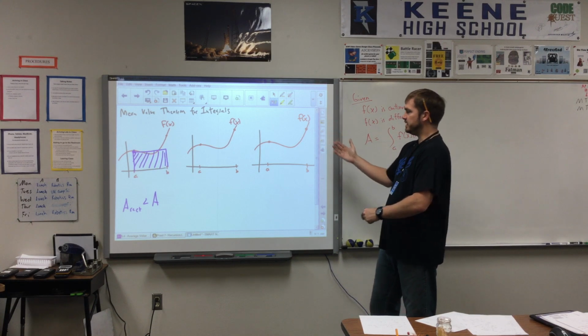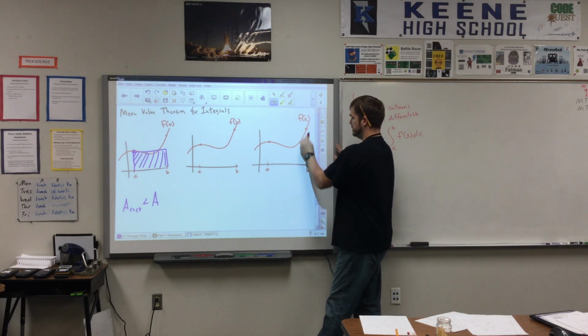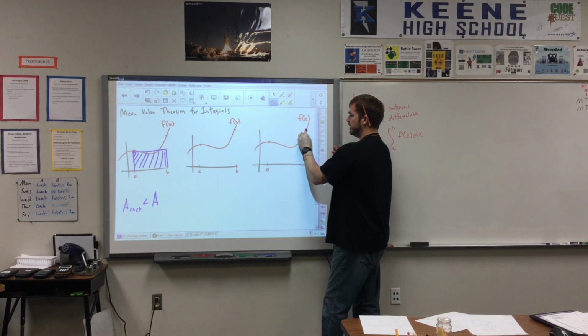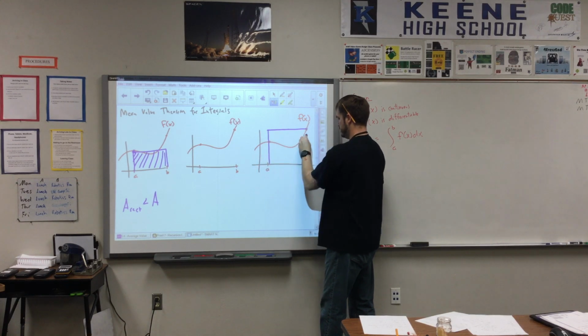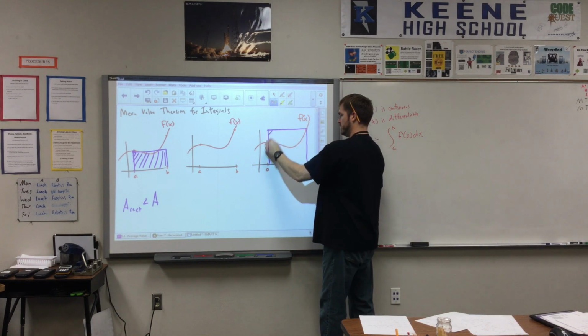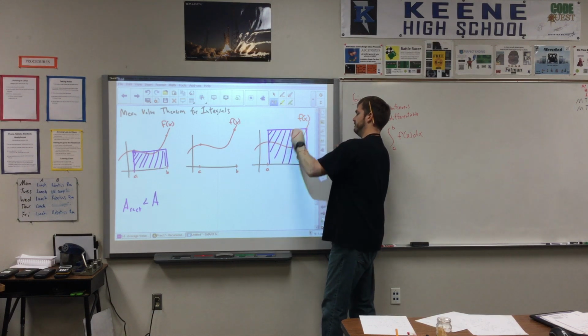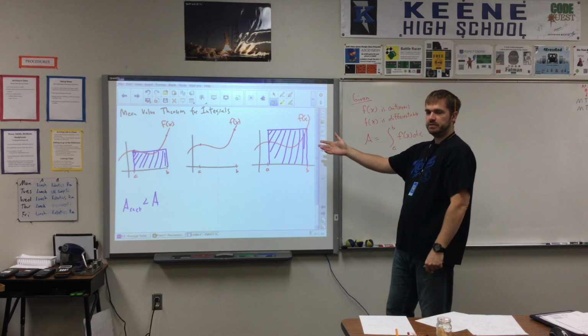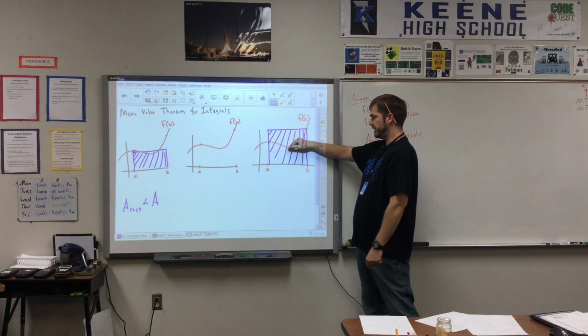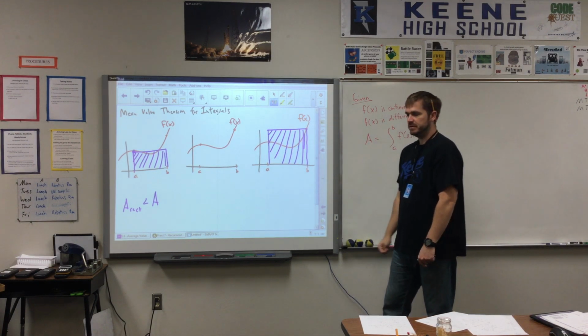Now I'm going to choose B as my endpoint here, and I'm going to go straight up here and come across here. What do you think about the blue rectangle now as an approximation for the area under the curve? Overestimate.